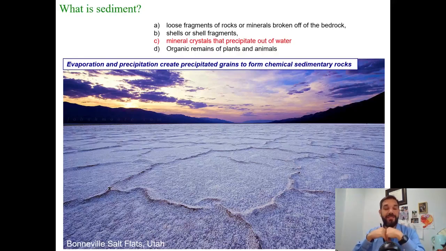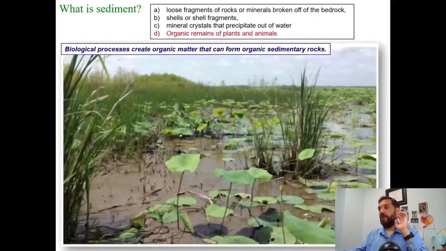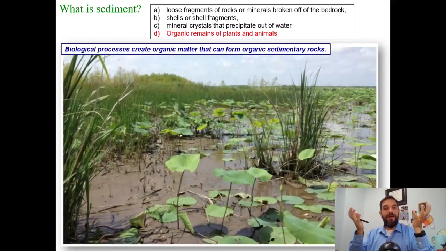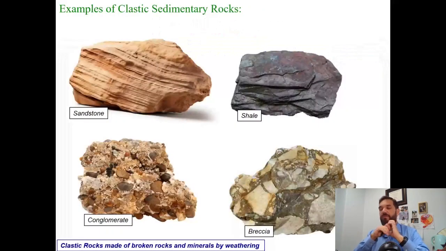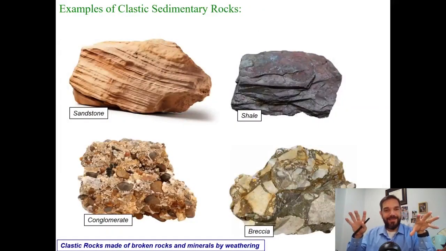So that's precipitation and evaporation. That's the process that creates what are called chemical sedimentary rocks. And then you could put organic processes or biological processes that create the organic matter that creates the organic sedimentary rocks.